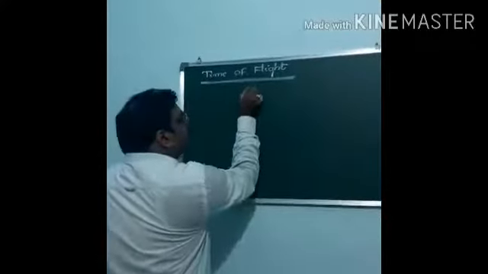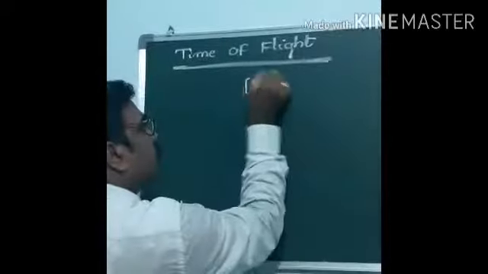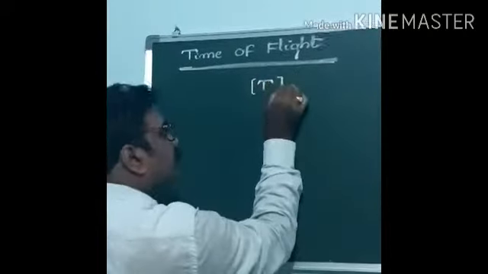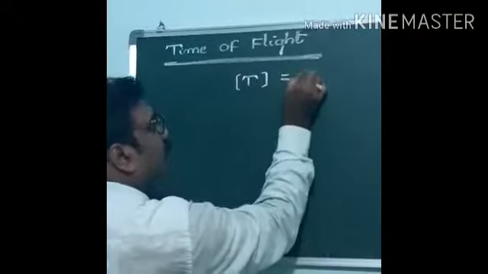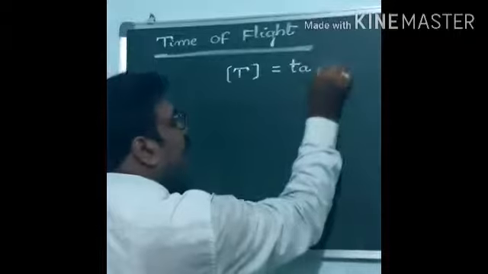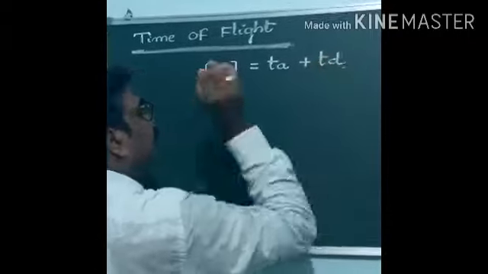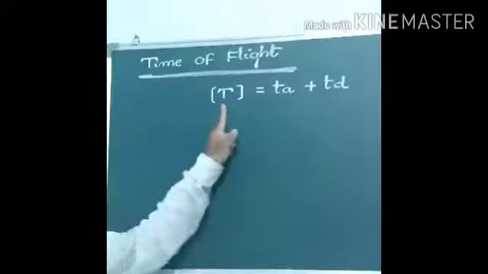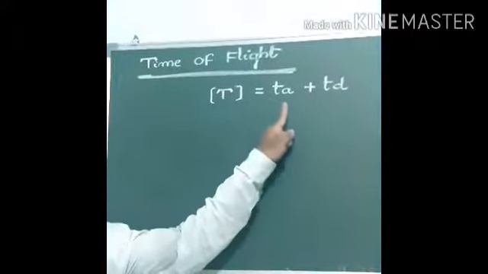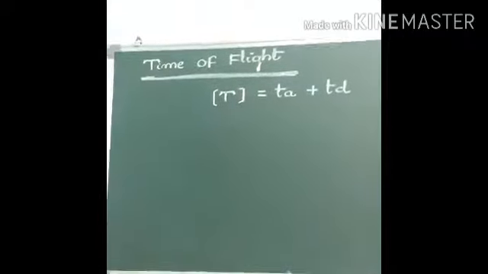Time of flight is mathematically indicated by the capital letter T, equal to time of ascent plus time of descent. This is the mathematical definition.